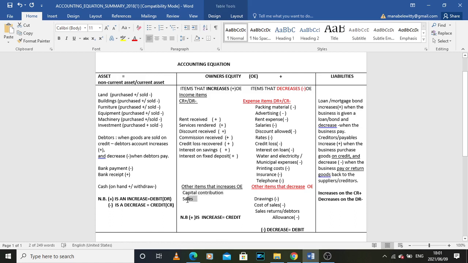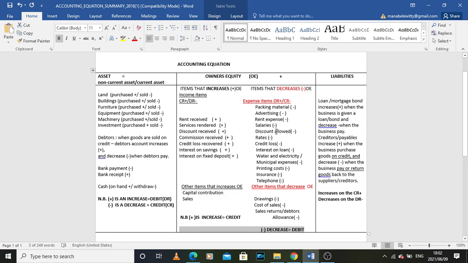If we make sales, it increases owner's equity. Items that decrease owner's equity are all the expenses, like packing material. That's why you see all of them with the minus sign. They are increasing the expense account while they are decreasing the owner's equity account, because they are inside it.